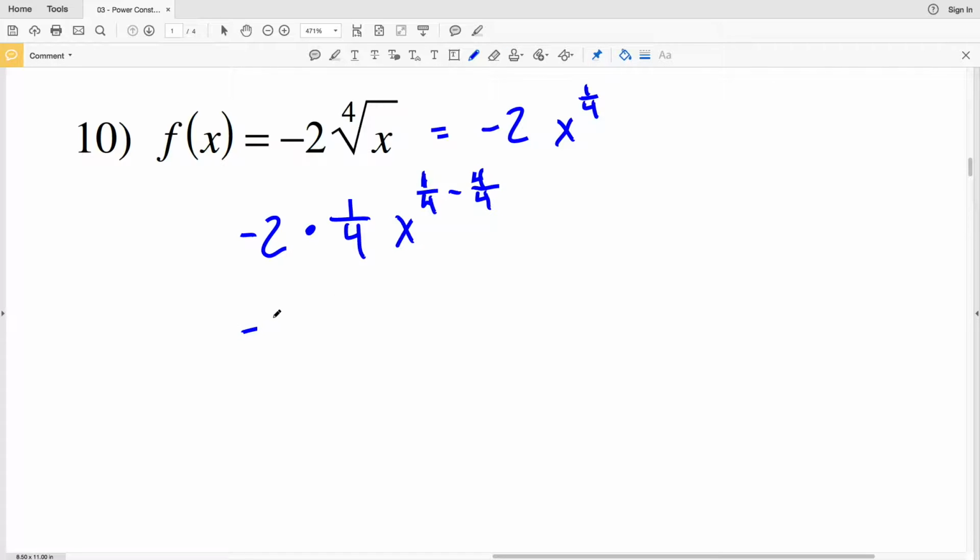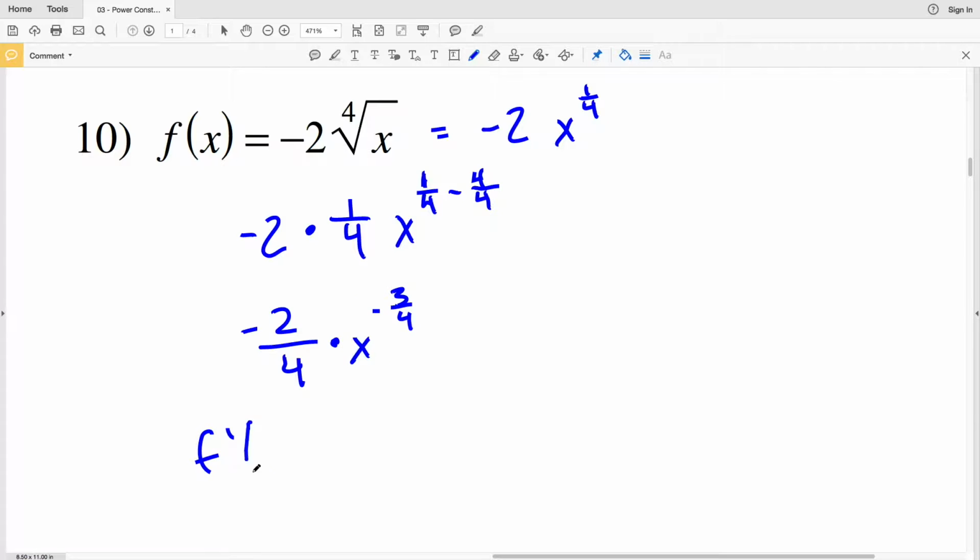So I'll have negative 2 times 1/4 is negative 2 over 4 times x to the 1/4 minus 4/4, which is x to the negative 3/4. Now, simplifying, negative 2 over 4 is the same as negative 1/2, and x to the negative 3/4 is equal to 1 over x to the positive 3/4.